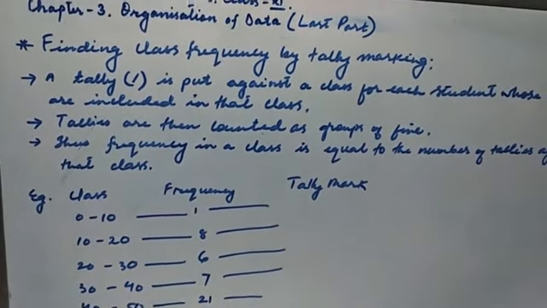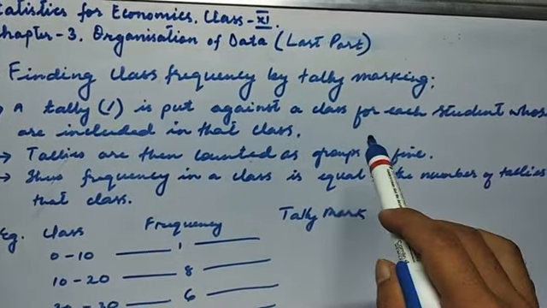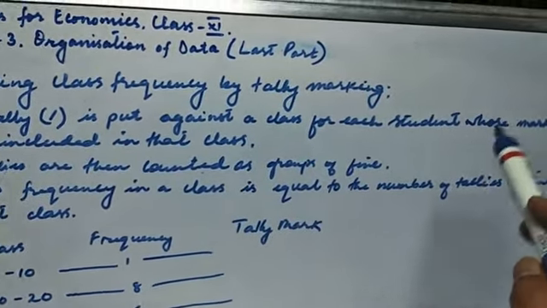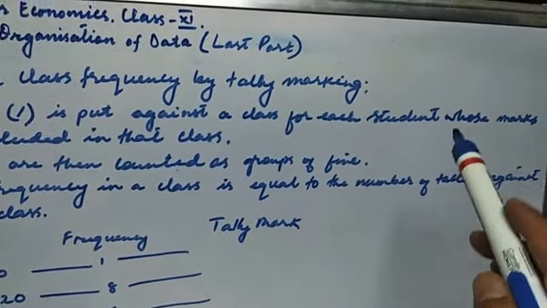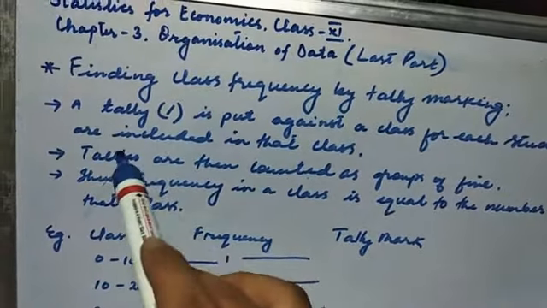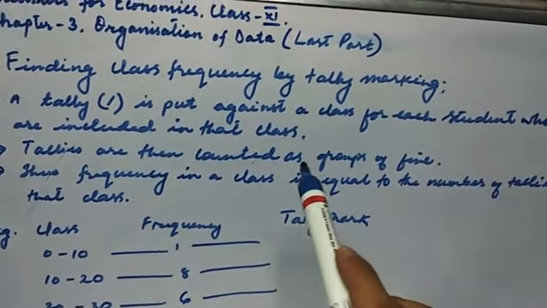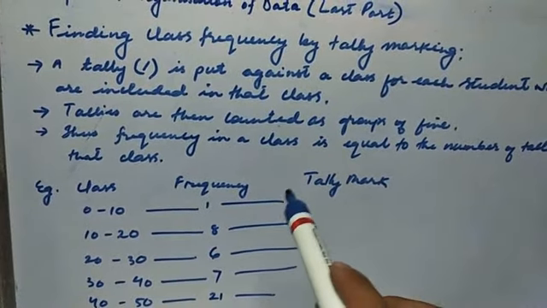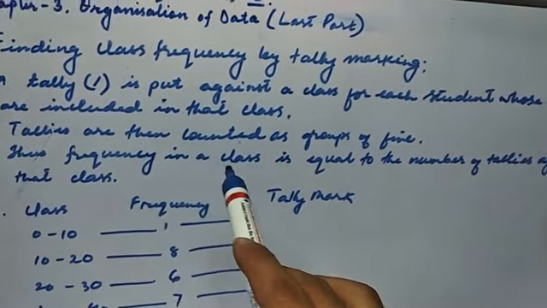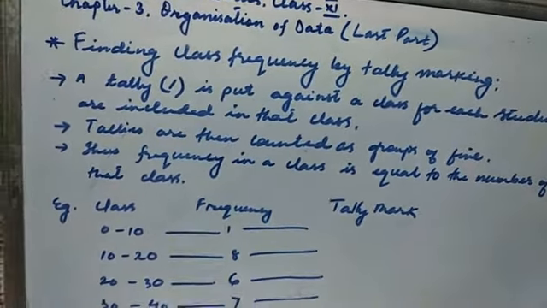In this method, a tally is put against a class for each student, or for any example like vote counting, whose marks are included in that class. Tallies are then counted as groups of 5. You will understand when I demonstrate here. Thus, frequency in a class is equal to the number of tallies against that class.